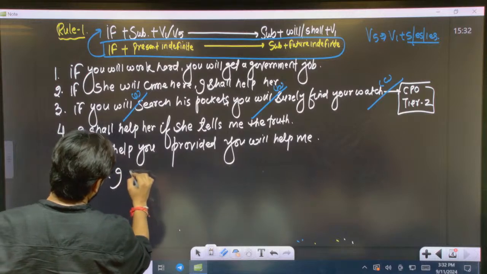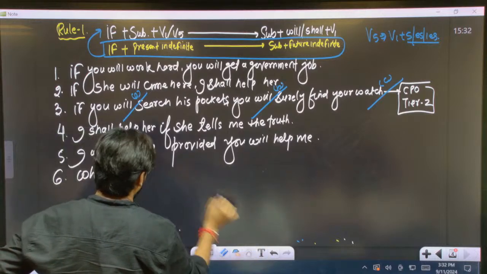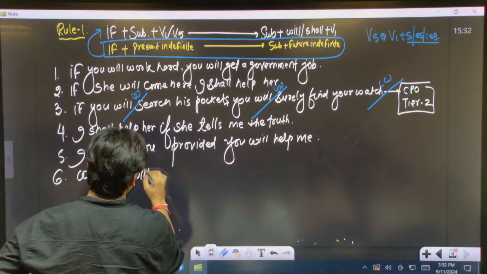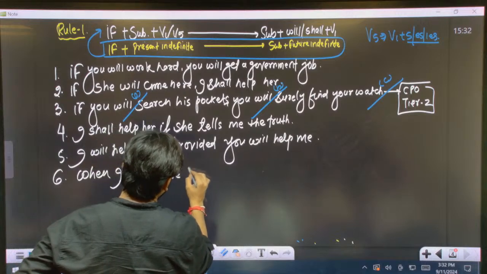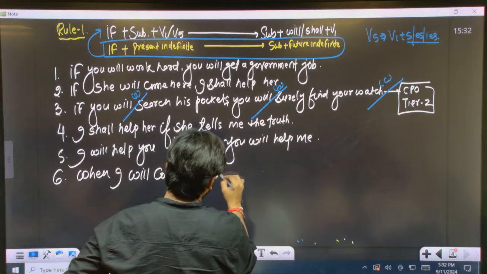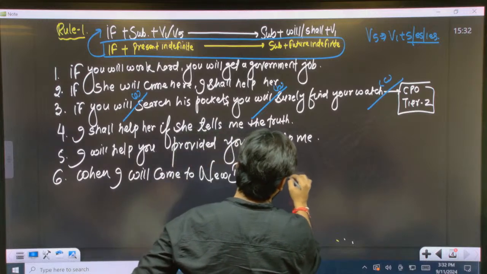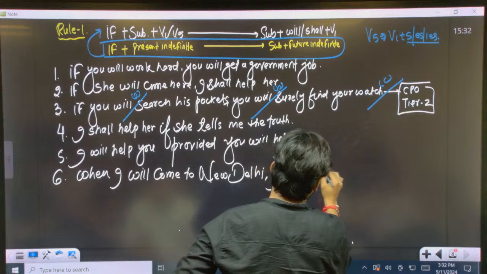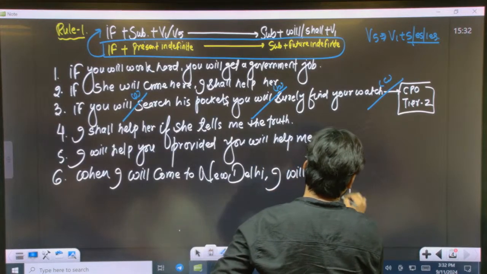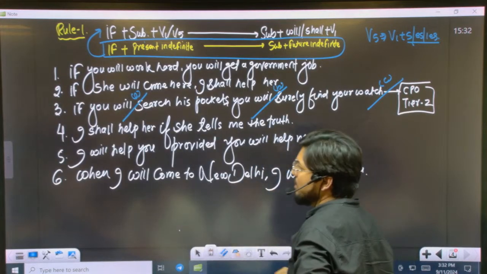When I will come to New Delhi, I will meet you.